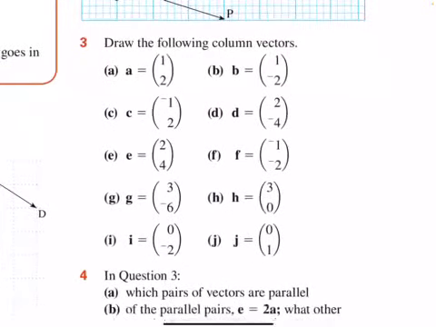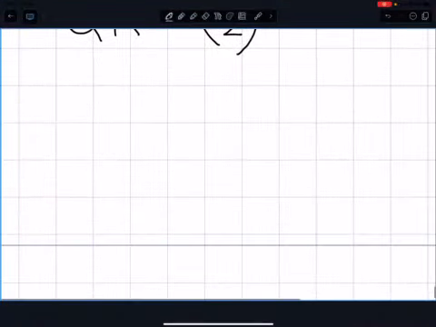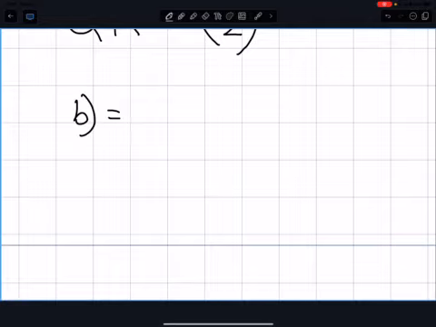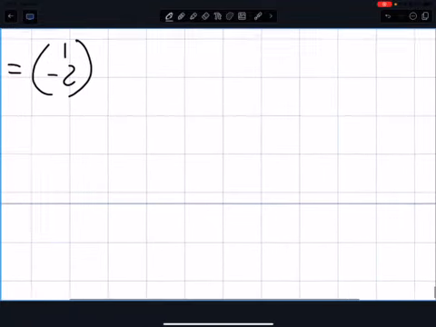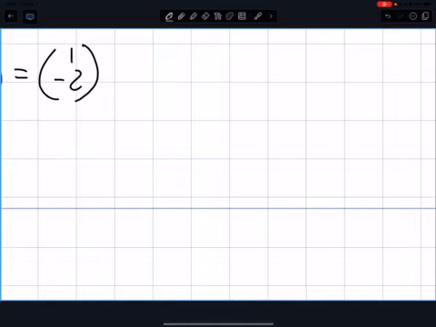Moving forward to exercise 3, I'm going to choose B and D. B equals 1, -2. So this is my paper. I'm moving 1 in the x-axis, and -2 in the y-axis.